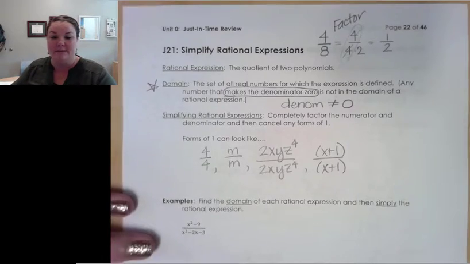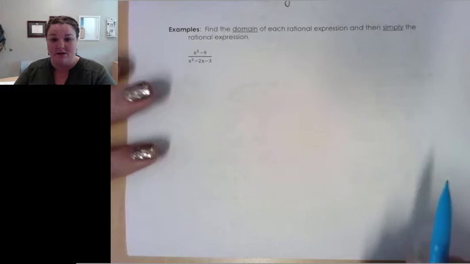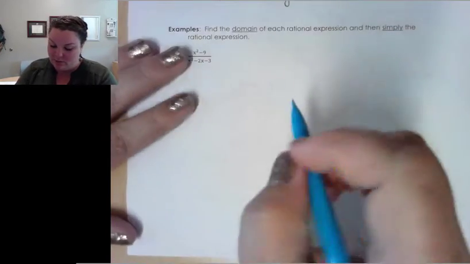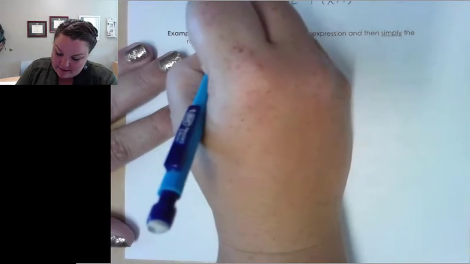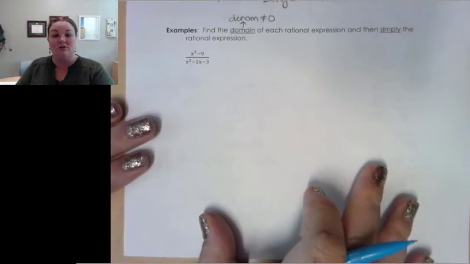So let's look at some examples. This first one says, find the domain of each rational expression and then simplify it. Remember, for a domain, that means that the denominator cannot equal 0 because we're dealing with rational expressions.